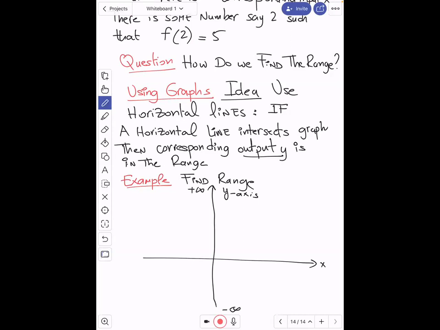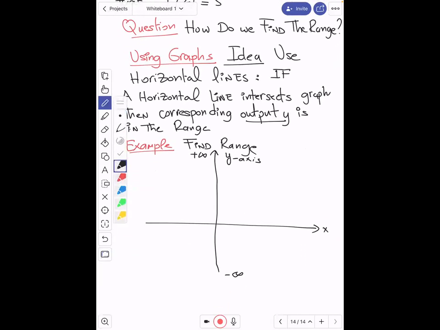Guys, for the x-axis, you go from left to right. Now for the y-axis, you go from the bottom to the top. Now I'm going to put some values on the y-axis. Let's say this is -3, -2, this is -1, here's +1, this is of course 0, etc. Anyway, let's say here's my graph of f of x.